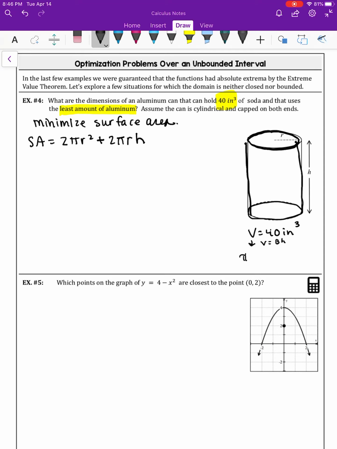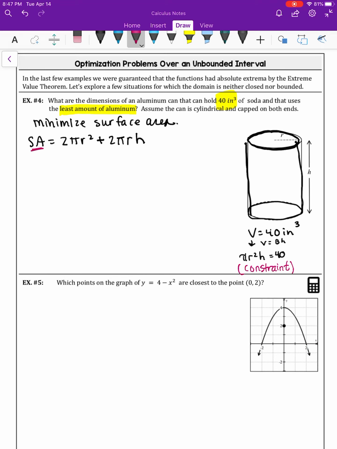Okay, so I do need to know what is my volume of a cylinder. And please remember that volume is area of the base times the height. So for this one, it's going to be pi r squared times the height because our base is a circle. So we know that our constraint is that pi r squared times the height has to be 40.